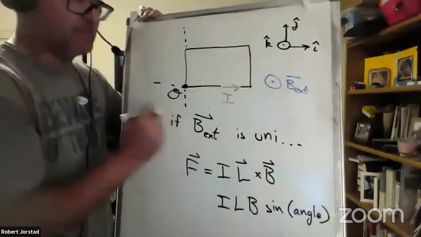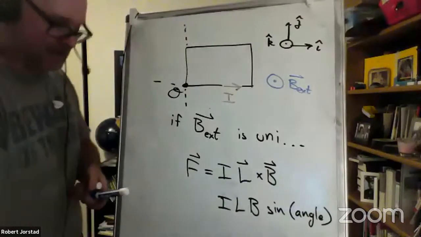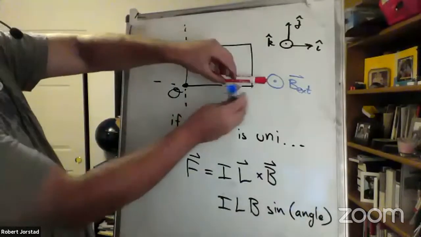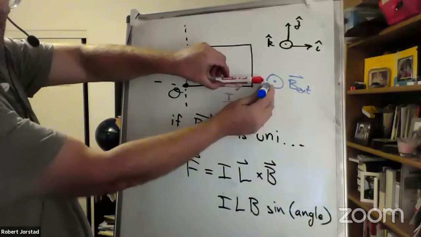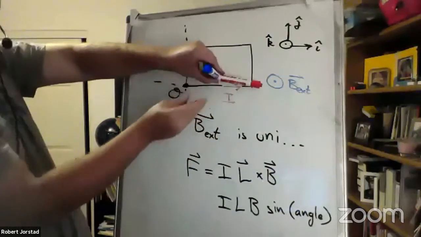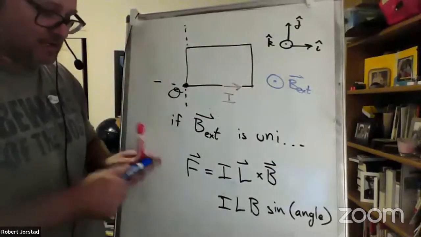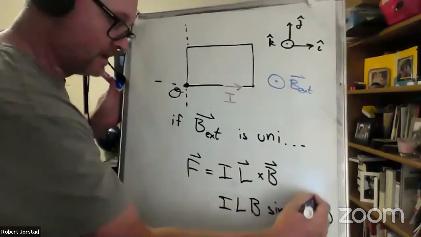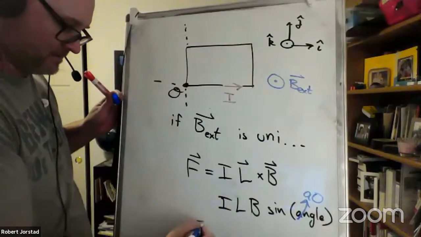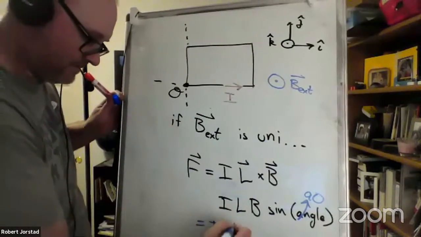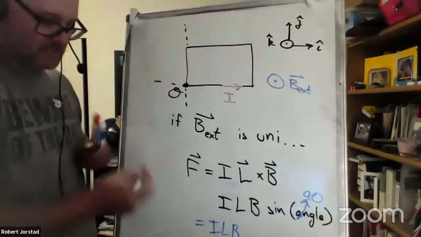The angle is the angle between the current flow and the B field. Well, in this case, what's that angle? 90 degrees, right? So in this case, this goes to 90, and I at least get the magnitude. So there's my force, but something's missing.